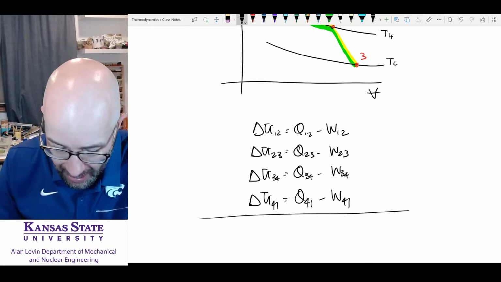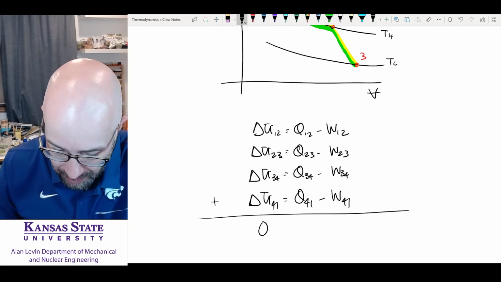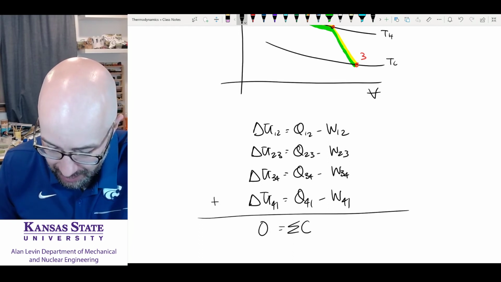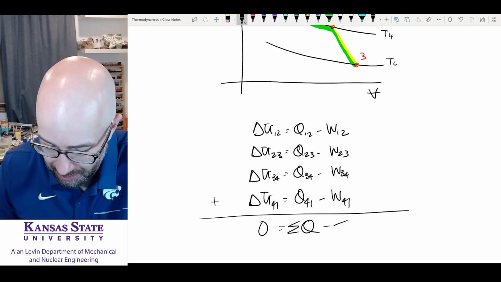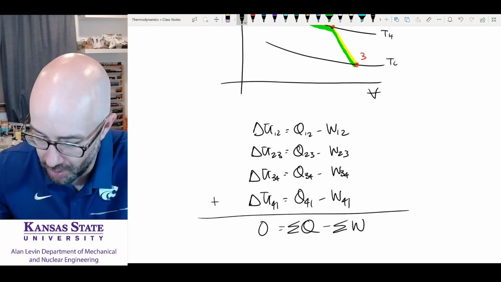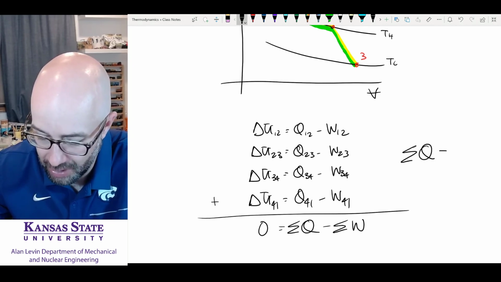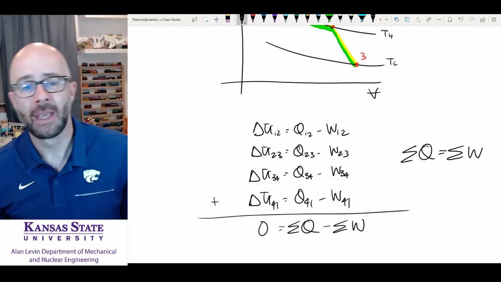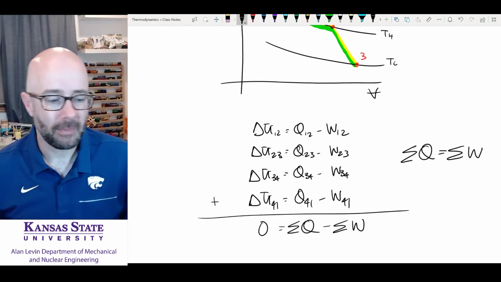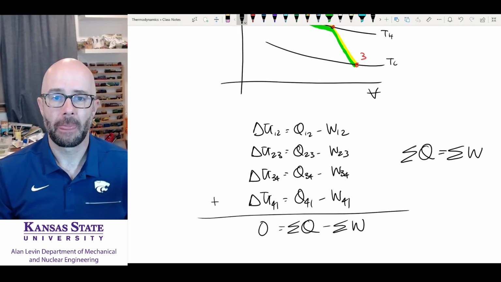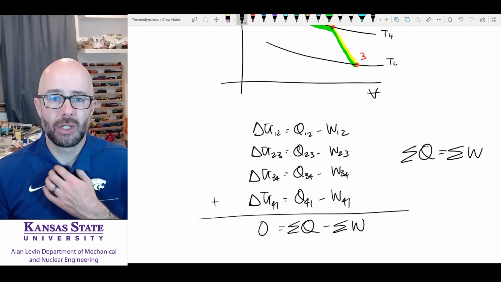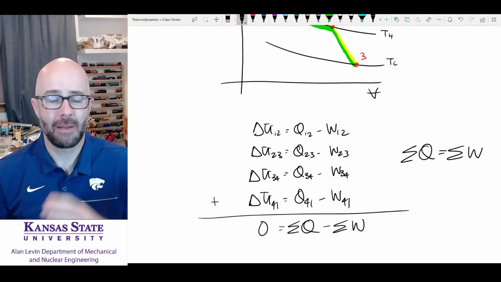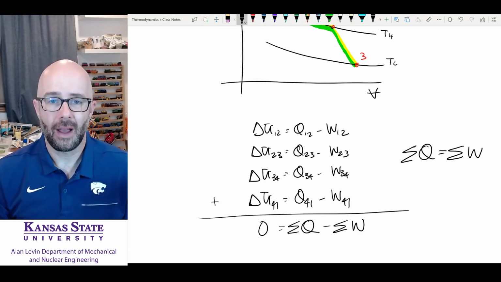We know that when we add all this together, the sum of the delta U's is going to be equal to 0, and this is going to be the summation of the heat transfer minus the summation of the work, and we know that the summation of the heat transfer equals the summation of the work. All of that stuff that we talked about before is still valid on these problems. So I encourage you, when you're doing these problems, to make yourself a nice organizing chart to help you figure out what's going on.